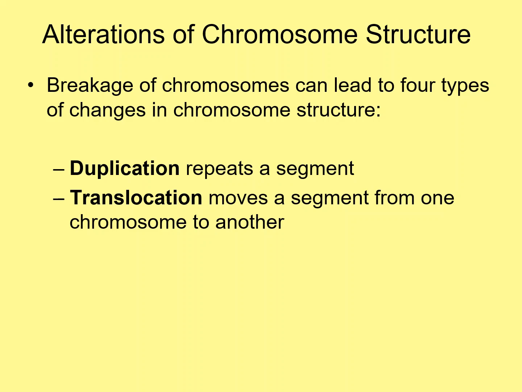Translocation involves moving a segment from one chromosome to another. So your genes for eye color end up on a different chromosome, and they switch places with another, basically non-homologous pair or non-sister chromatid, which you don't want to happen, right? You don't want chromosomes that carry genes that don't code for the same traits to be swapping places.